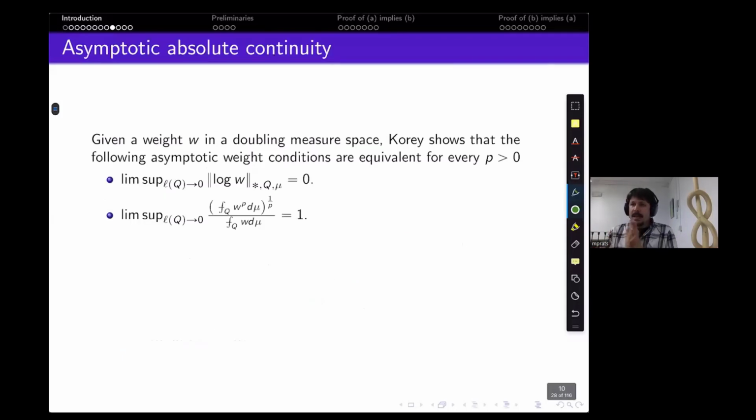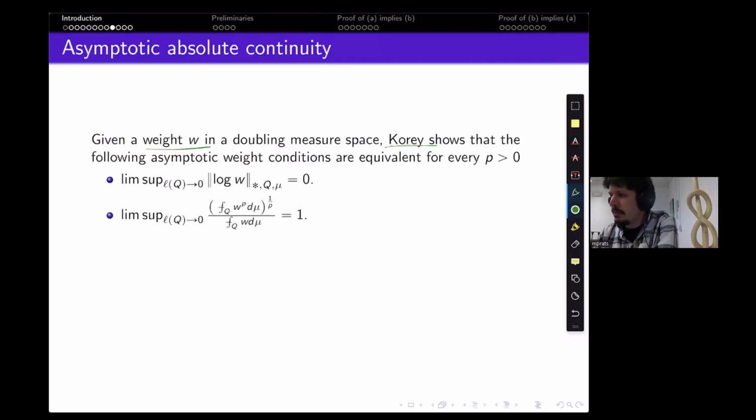Now, asymptotic absolute continuity. Next idea. I'm sorry that there are a lot of introductory steps, but I guess we will soon be into mathematics. Given a weight W in a doubling measure space, Coifman showed in a paper in the 80s or 90s, I'm not sure, that the following asymptotic weight conditions are equivalent for every p greater than 1, maybe.